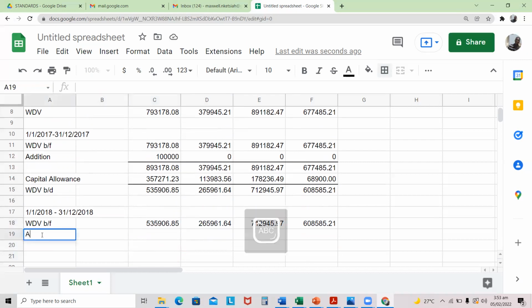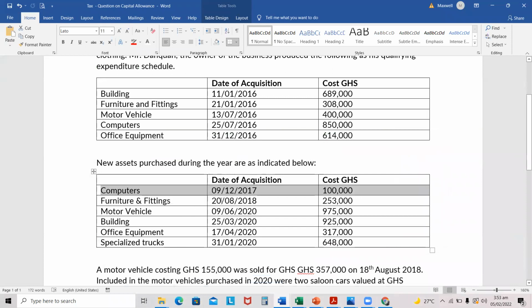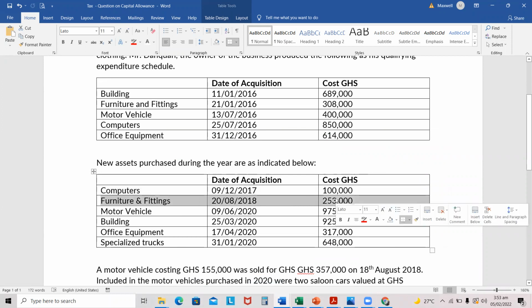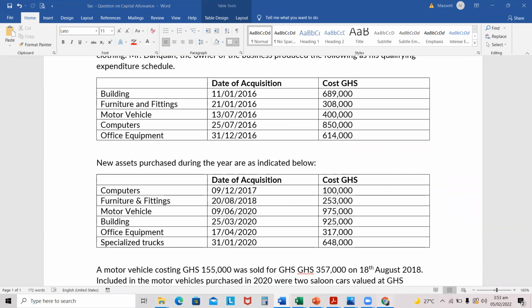Then let's see whether there was addition in 2018. In 2018 there was addition to furniture and fittings, so 253,000. That's one.